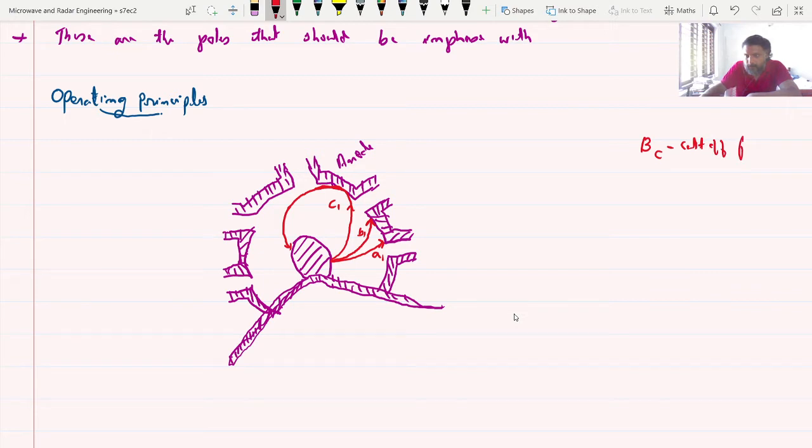Cutoff field. Above this field, the DC current is 0, as no electron reaches the anode.